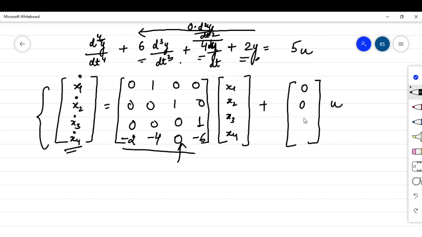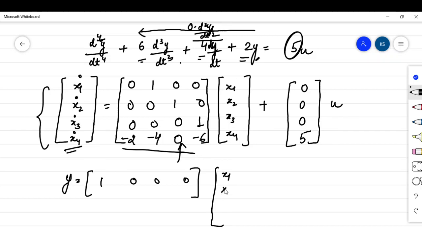You just have to put 0 0 0 in the first three rows, and the last element is the constant, which is 5, and y is same here, 1 0 0 0 for x1 x2 x3 and x4. In this way you can define a state space model of any differential equation.